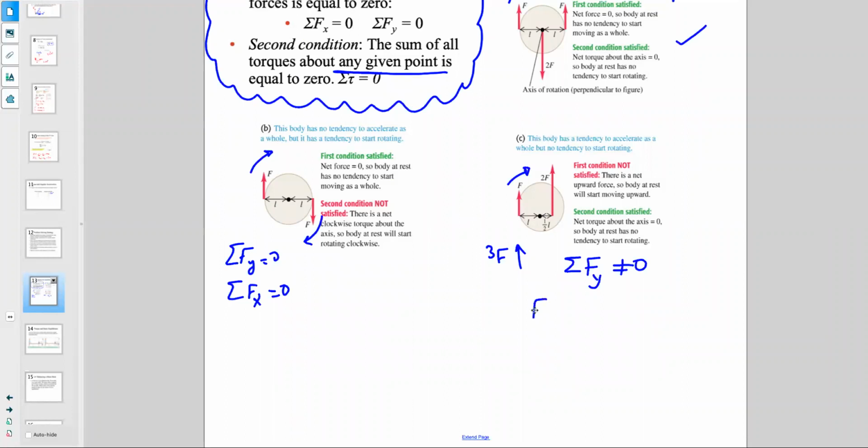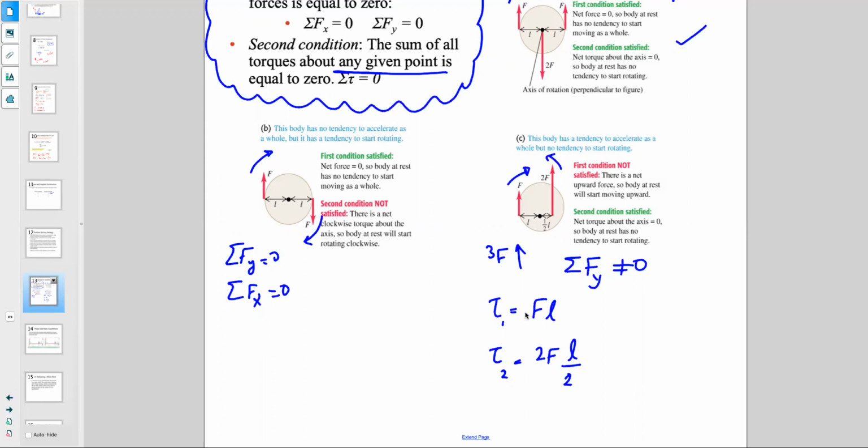So you have F times L for torque. And then you have another torque. So let's call this torque 1 and torque 2. Then you have another torque, 2F, acting on the distance of L over 2. Okay, but this will cause the motion to be counterclockwise.